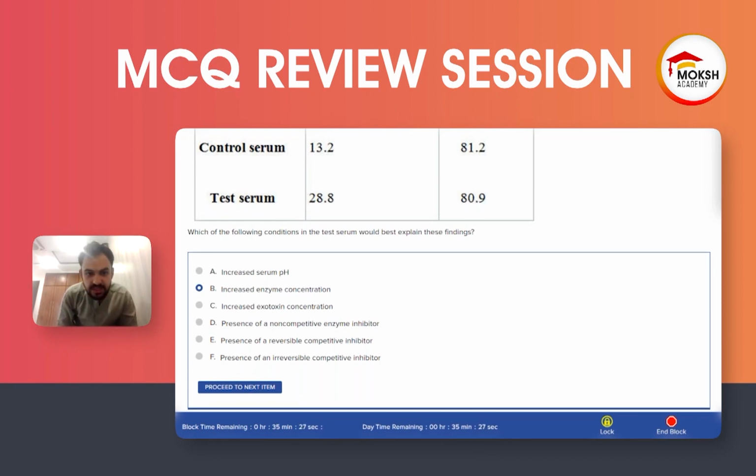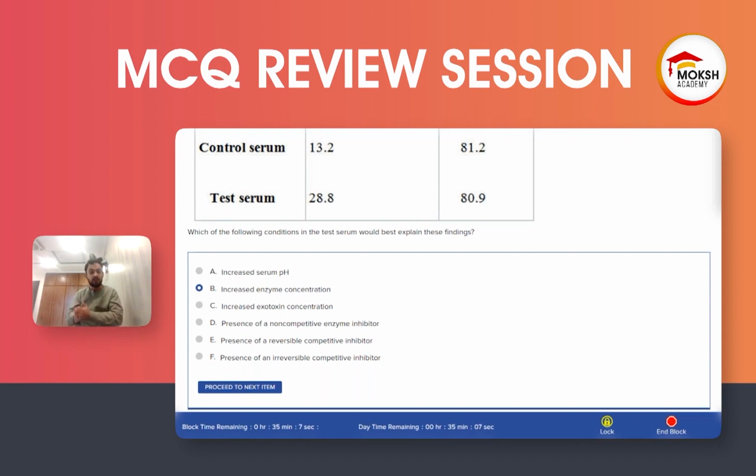The Vmax will go down. In the presence of a non-competitive enzyme inhibitor or an irreversible competitive inhibitor, the level of active enzyme that binds to the substrate will decrease.